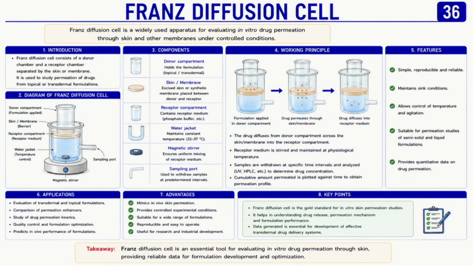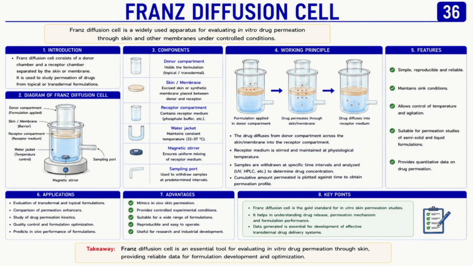Franz diffusion cell. In a Franz diffusion cell, the skin is positioned between the donor and the receptor compartments. Observe the diagram here. There are two compartments, the donor compartment and the receptor compartment. Between those two compartments, we fix the skin. The receptor medium is maintained at a controlled temperature and stirred continuously.